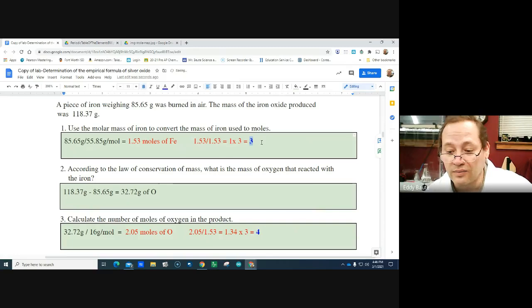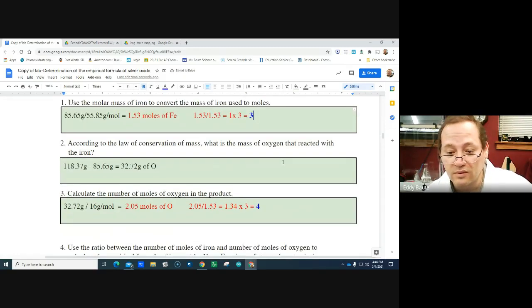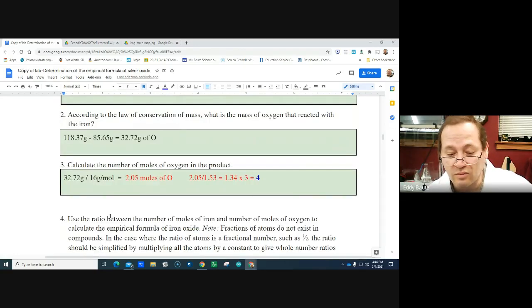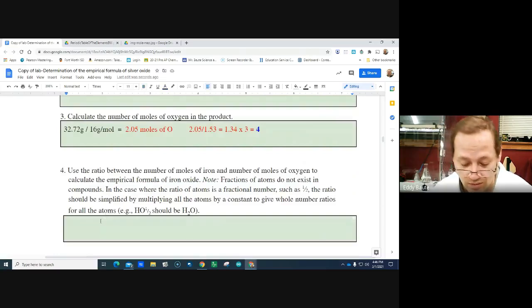That is what I got: 3 irons for every 4 oxygens. So that's what you need to write down here. Metals first, Fe3O4. And that is the empirical formula that we're looking for.